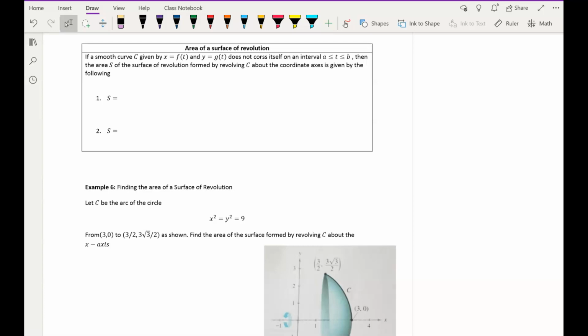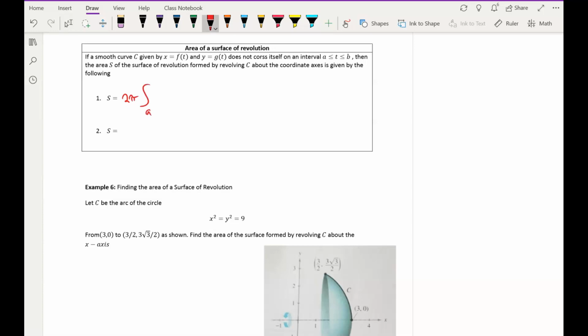So we have these two cases. One is going to be used when you're revolving it about the x-axis. One's going to be used when you're revolving it about the y-axis. When you're revolving it about the x-axis for a parametric equation, it's going to be given by 2 pi, and this should look very familiar.